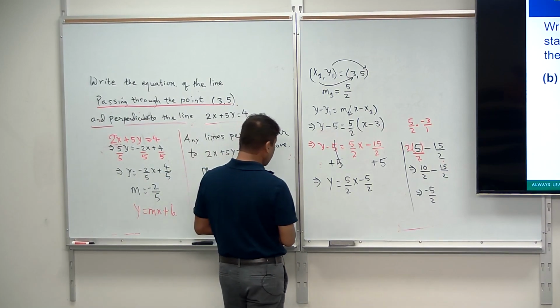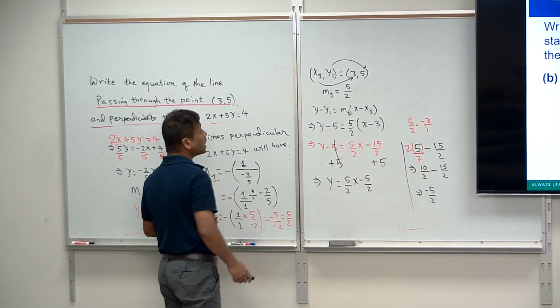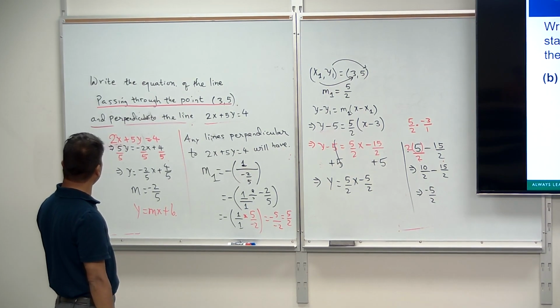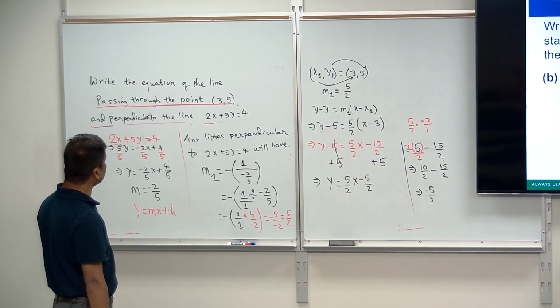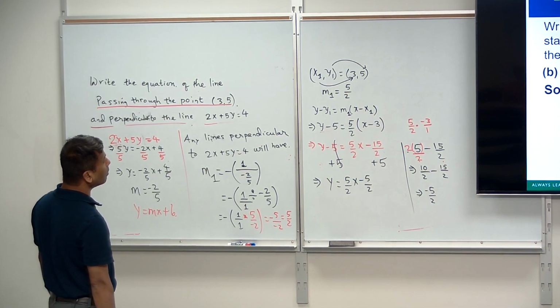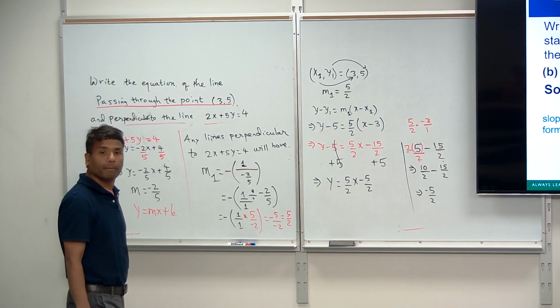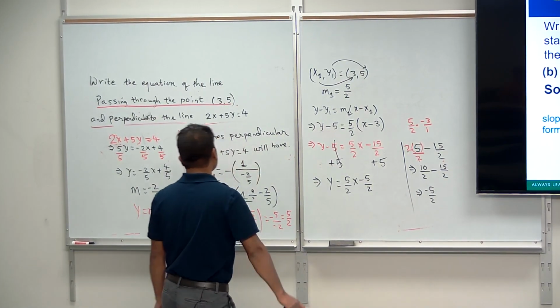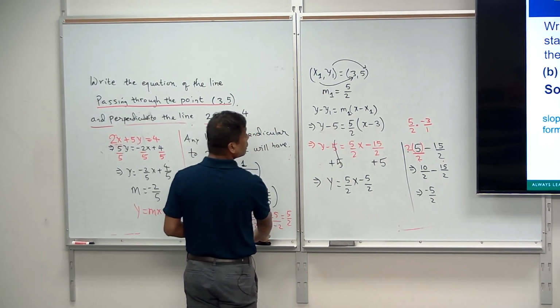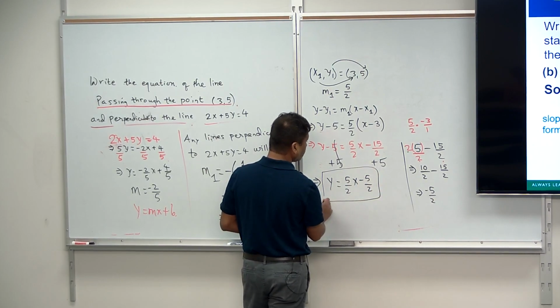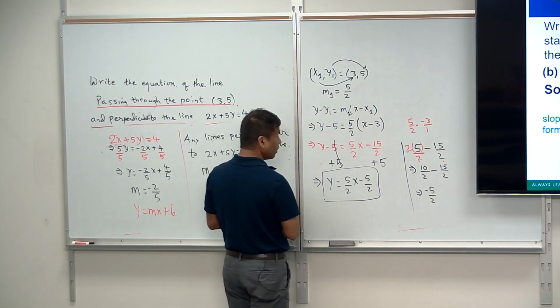So this is an equation of the line in what? Is that right? Did we do right here? We got it. So now you see this is the equation of the line in slope-intercept form, okay?